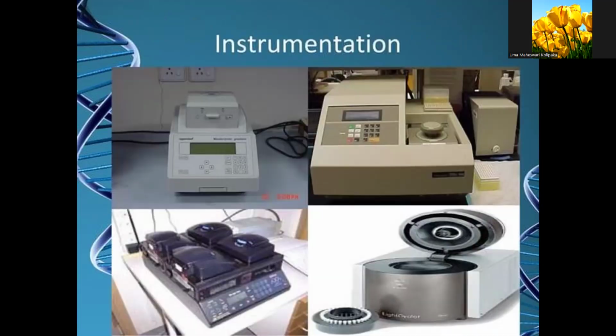Here you can observe the machine. This is the instrument we actually need. A thermal cycler machine, or a PCR machine, or a DNA synthesizer. Like this, various names are there for this machine.